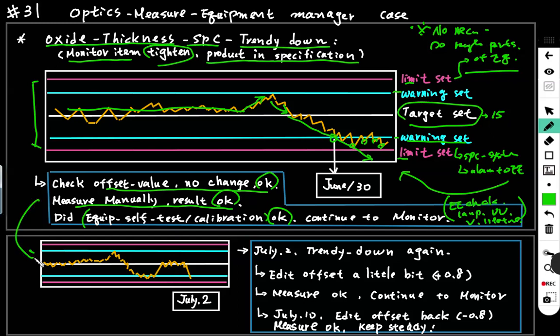After this, the monitor result came back steady for several days. After several days, on July 2, it trended down again.